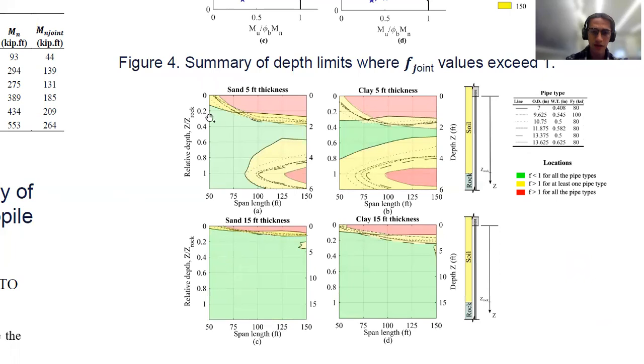A green zone in which all the micropile types presented values of F less than 1, a yellow zone in which at least one pile type showed a value of F greater than 1, and a red zone in which all of the piles presented failure. So in this case, for a given span length, you should avoid red, and probably you can deal with the yellow zone, but the more convenient is to locate your joint in the green zone.